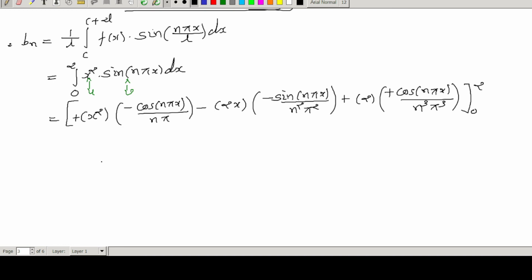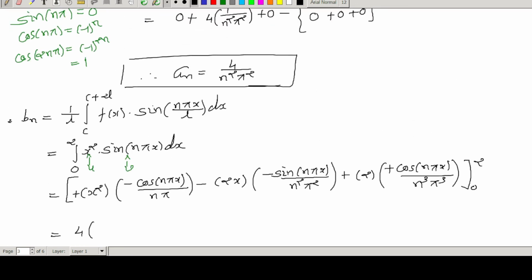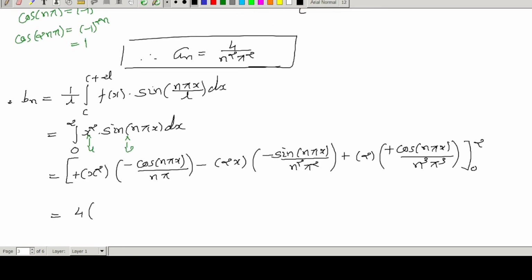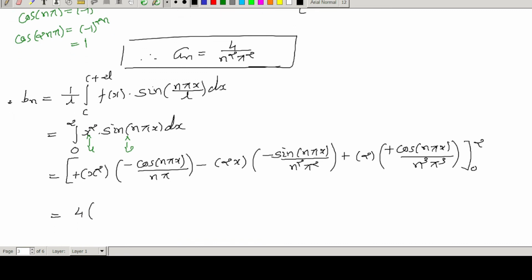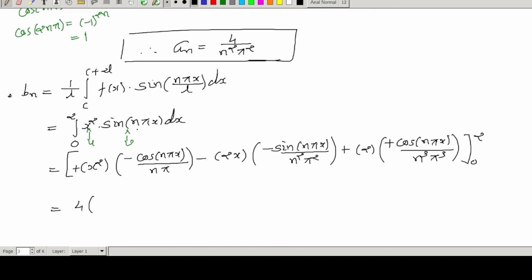So this is the integration of x square into sine n pi x. If we substitute x equal to 2, then 2 square is 4, cos 2n pi is 1, that we have seen here, cos 2n pi equal to 1, right? So this is minus 1 upon n pi.